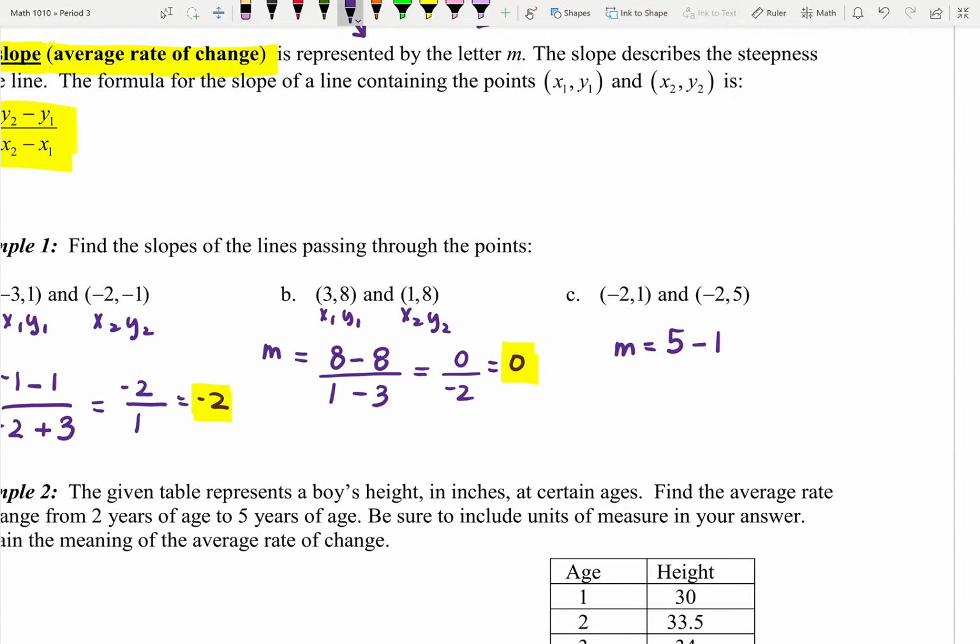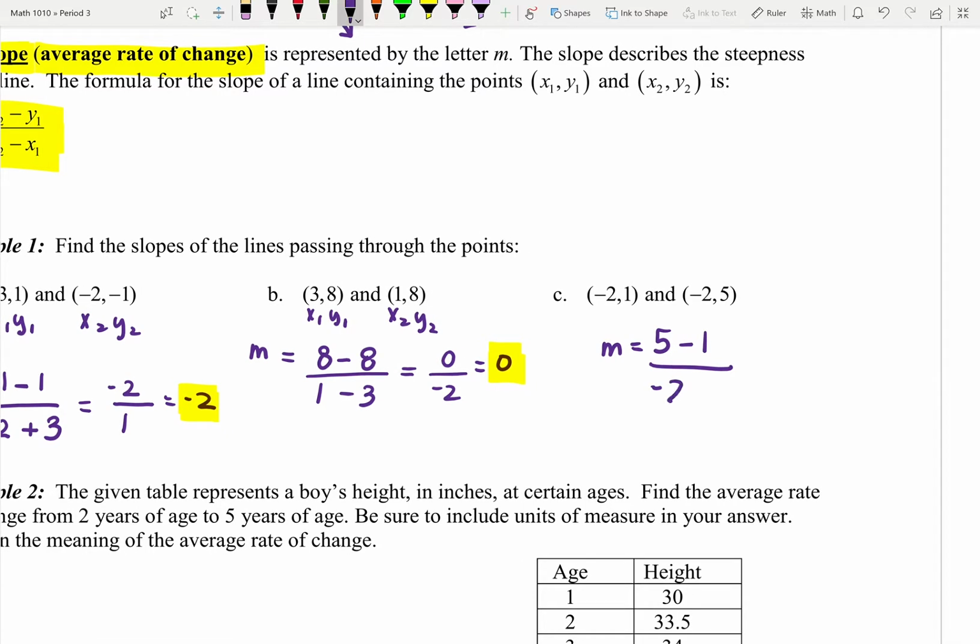So it's the second y minus the first y divided by the second x, which is a negative 2, minus the first x, that's minus a negative 2, which is a plus 2. So on top, 5 minus 1 is 4, and on the bottom, negative 2 plus 2 is 0. If you answer like that on a quiz or a test, you will not get full credit, because if you have a 0 on the bottom, what's that equal to? Undefined. 0 on the bottom is undefined. That's how you remember, okay?